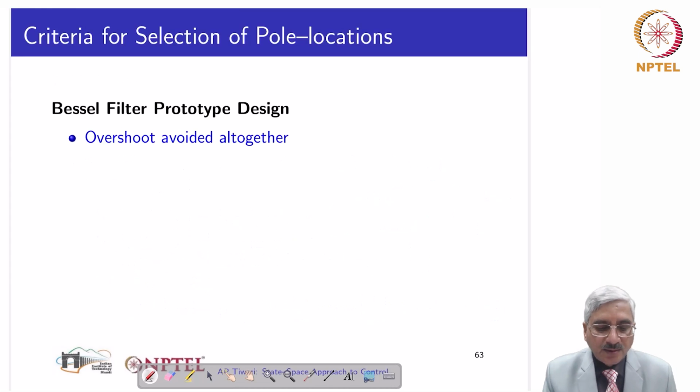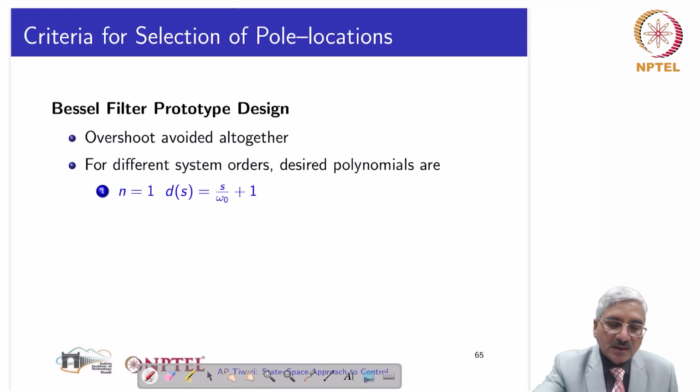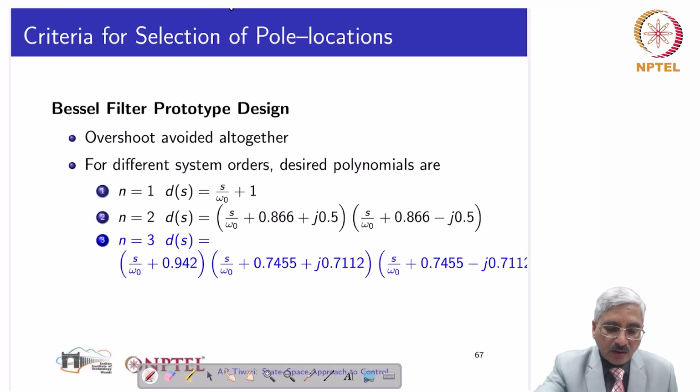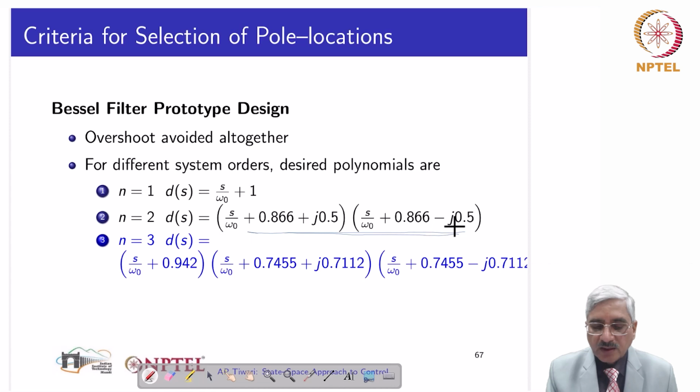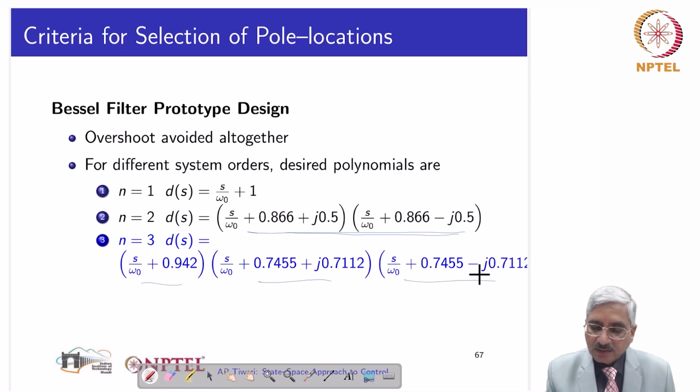When we take Bessel filter type design, then its pole locations are like this. Again, the omega 0 has to be selected. For n equal to 2, we have again a pair of complex conjugate poles, but different from what we have in the previous one. In the third order also, we have a slightly different one like this.